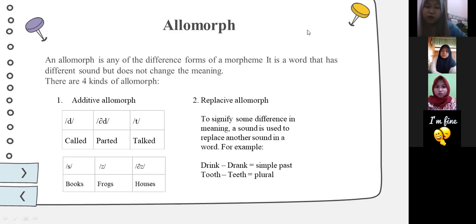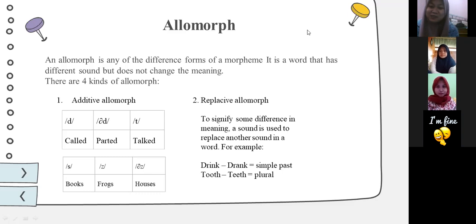First, additive allomorph. Additive allomorph is used to show some difference in meaning by adding something to a word, such as the past tense form of most English verbs is formed by adding the suffix ed, which can be pronounced as either the sounds, or ed. For example, as you can see in the slide.